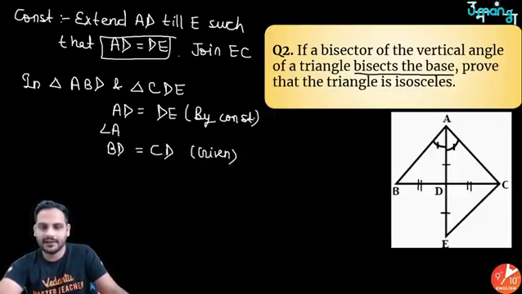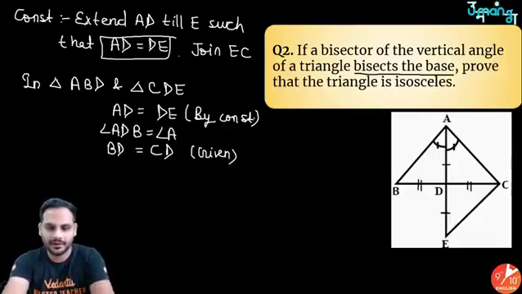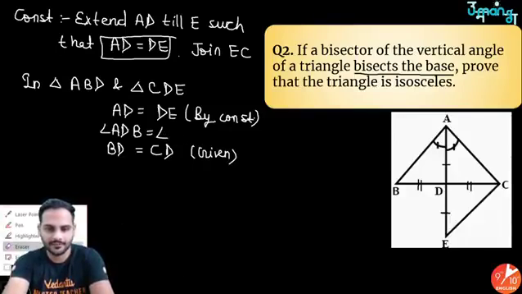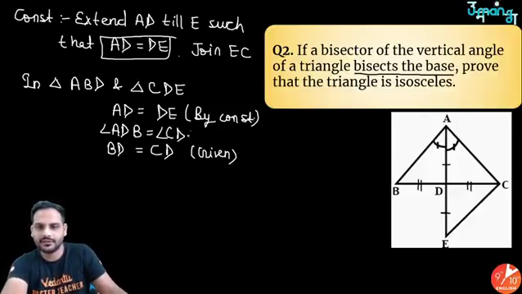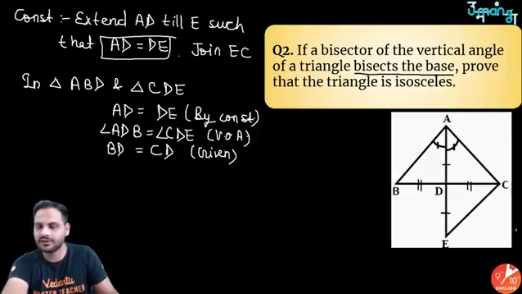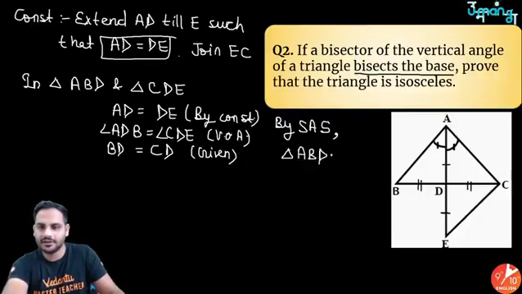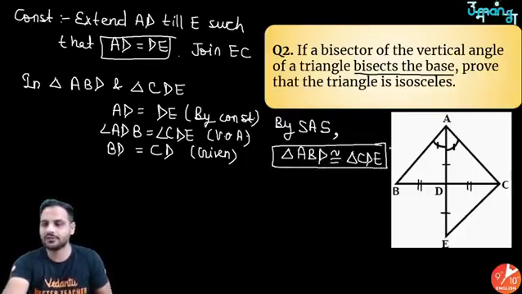And angle ADB is equal to angle CDE. The reason is vertically opposite angles. Look, this angle ADB is equal to angle CDE because they are vertically opposite angles. So which criteria? Side angle side. So by SAS criteria, triangle ABD is congruent to triangle CDE.